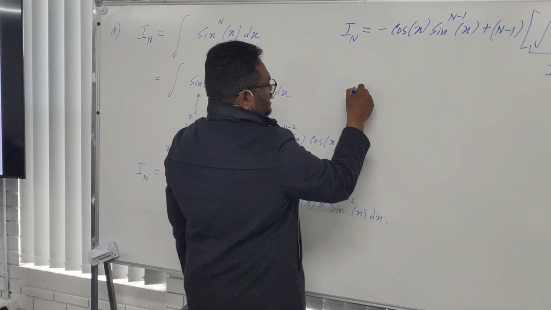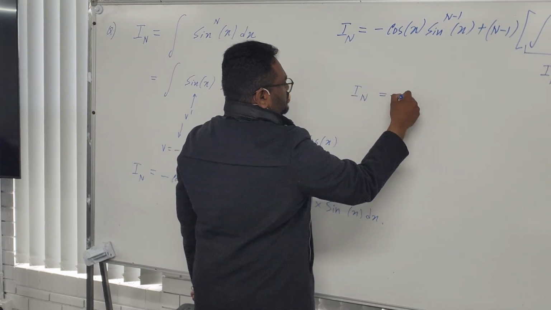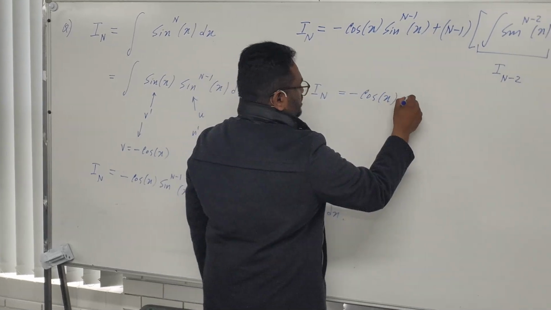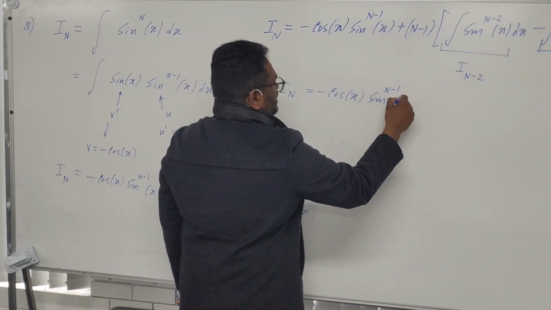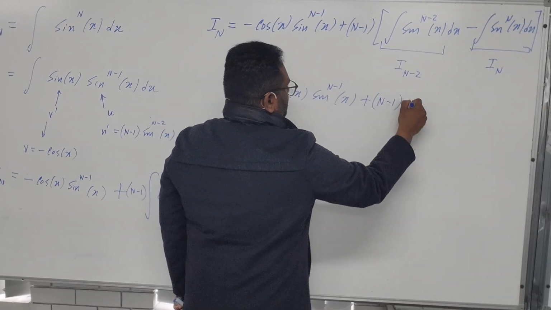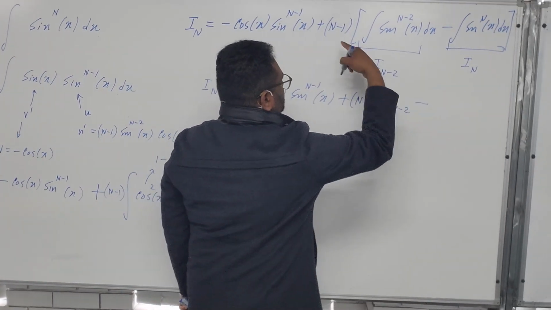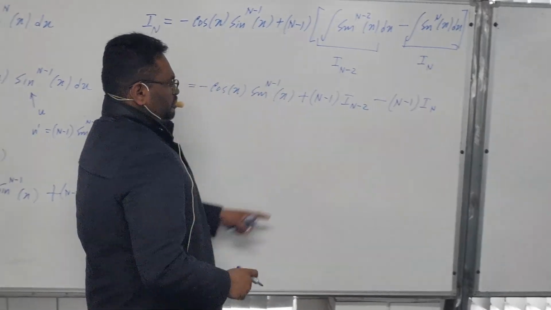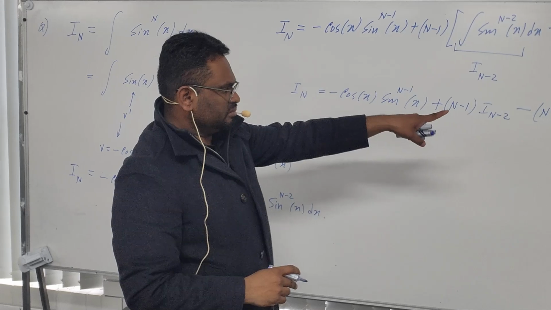So you can easily write I_n is equal to minus cos x sin^(n-1) x plus, here you get (n-1) I_(n-2) minus (n-1) I_n. So I'm going to bring that term here.